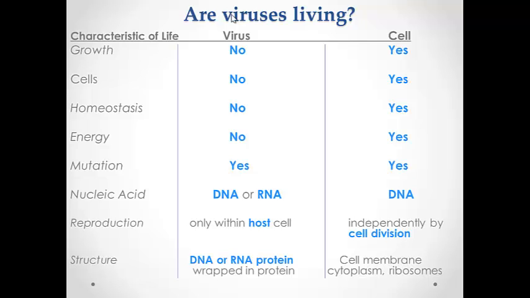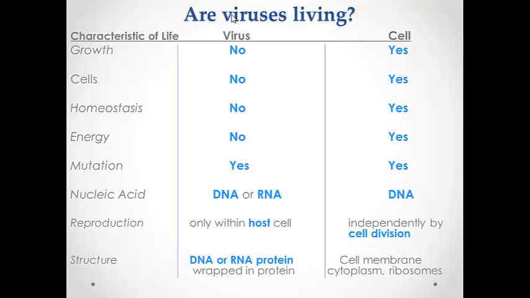And here's a nice chart you might want to take a picture of or pause the video and write down. It tells you why viruses are not living, based upon the characteristics of life that we learned about at the beginning of the course. There are certain things that an organism has to be able to do in order to be considered living.